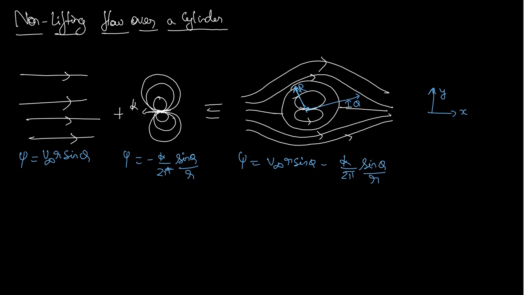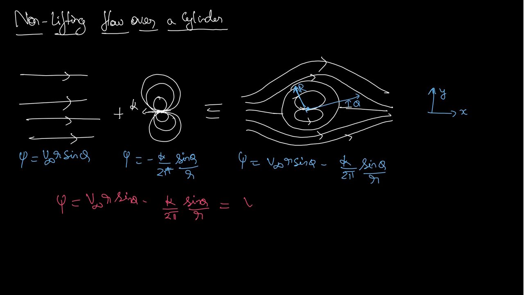So yeah, I'll just rewrite. So this is the stream function: psi equals V infinity r sine theta minus kappa over 2 pi times sine theta over r. So this is our stream function for the non-lifting flow cylinder. So let's try to make some manipulations here.